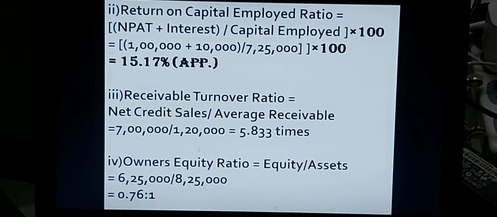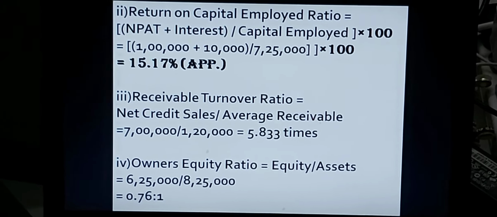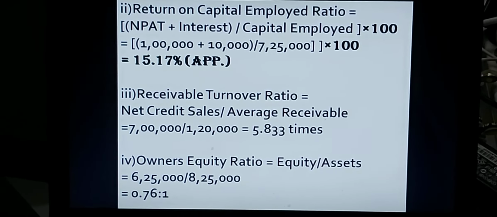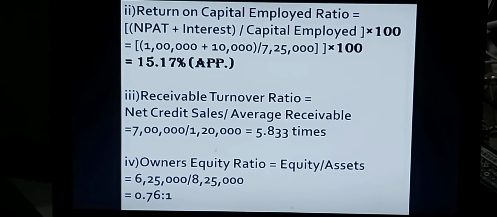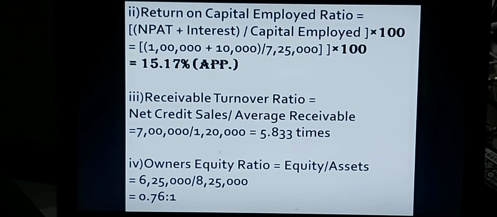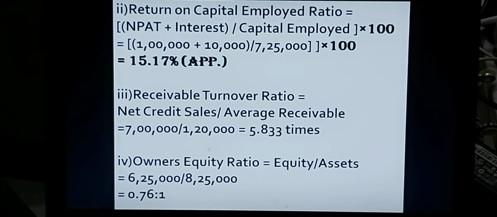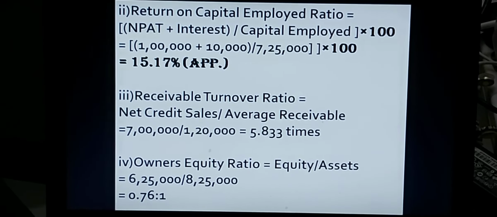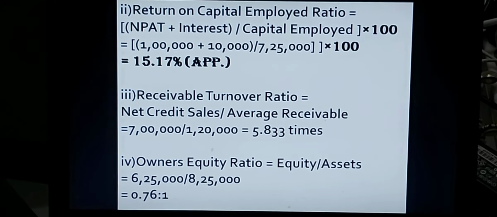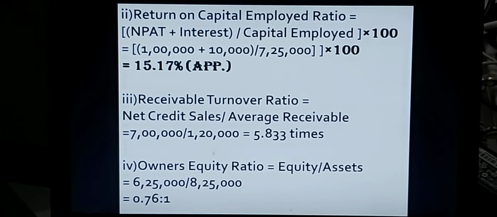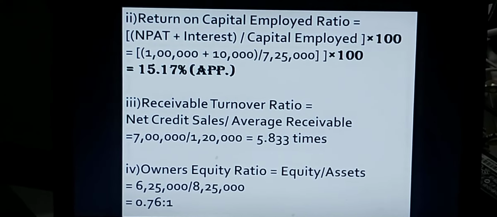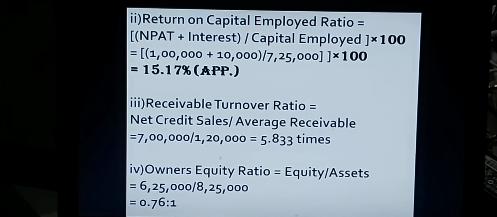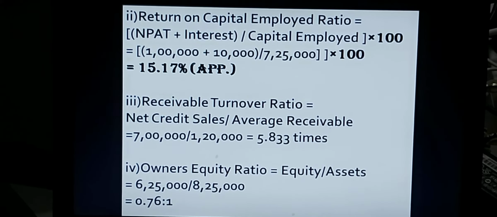So total shareholders' equity is equal to 6,25,000, divided by total assets, meaning except fictitious assets. You can see in the statement total assets of 8,75,000, and 50,000 for fictitious amount for preliminary expenses. So dear students, you can take 8,25,000 for net assets.